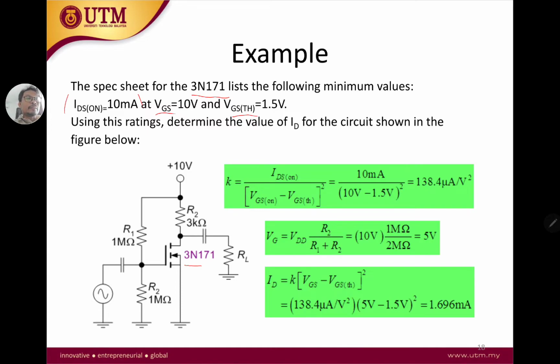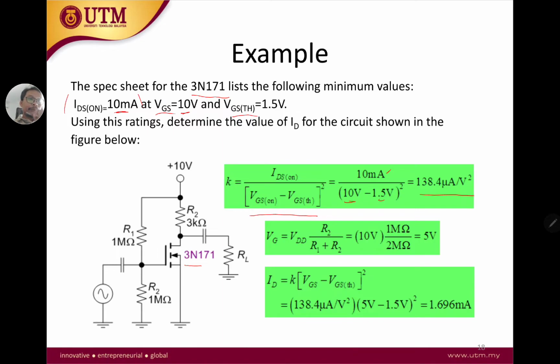The first step is to calculate K. We have to remember this formula, where K is IDS on over (VGS on minus VGSTH) squared. Here you just plug in the values, 10 milliamps, 10 volts, and VGSTH. If you do this calculation, we get 130.4 microamps per volt squared for our K.